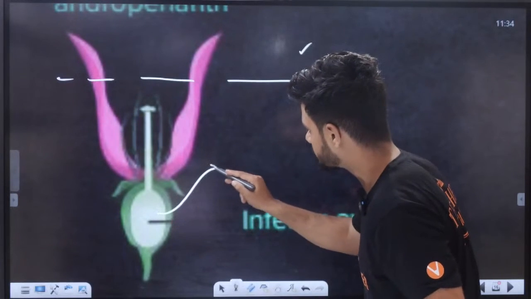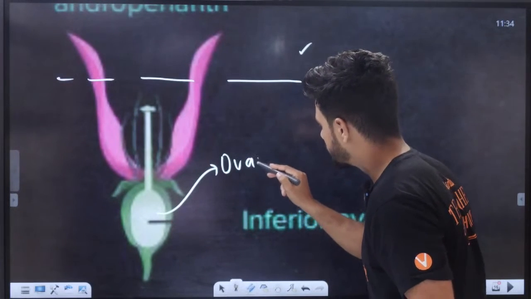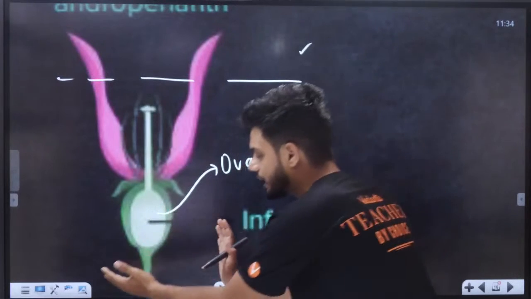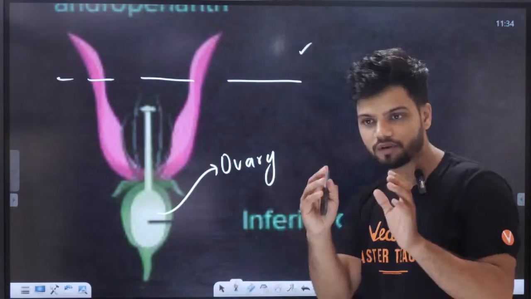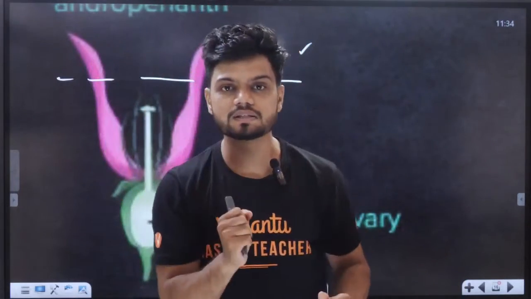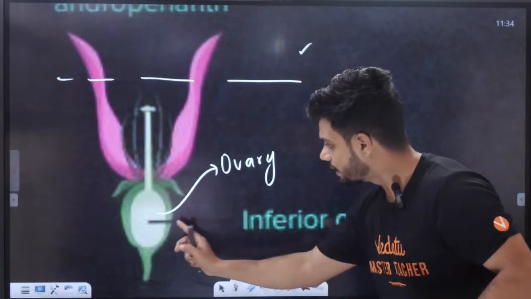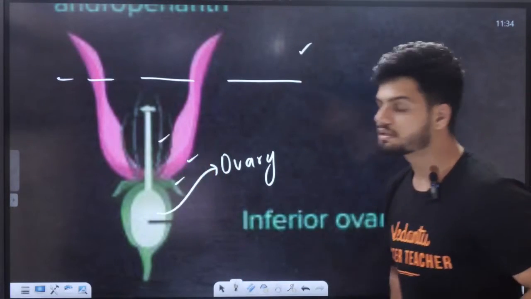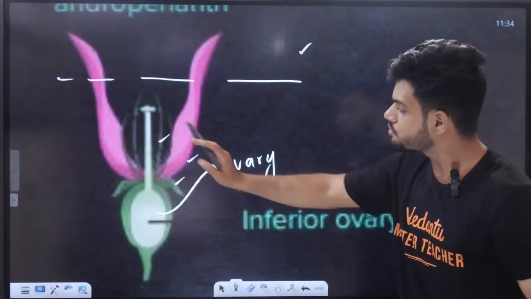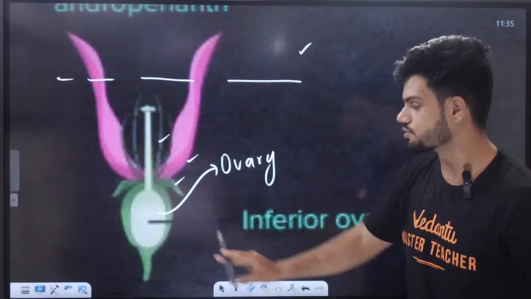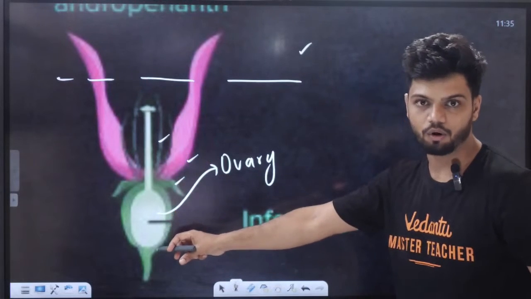Now all of you can notice that the ovary, which is present in the middle, has been completely covered by the other whorls. Ovary is in the center. It has been completely covered by the sepals, corolla and androecium. So androecium is on the top, corolla is on the top, calyx also is on the top, and the ovary is in the bottom.